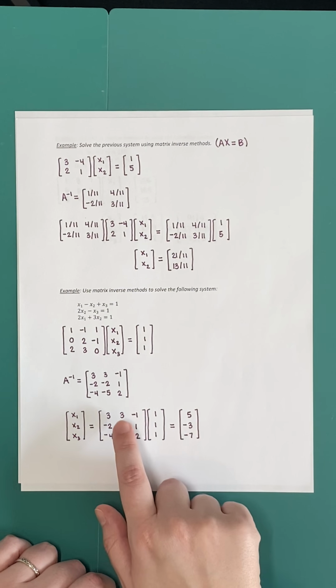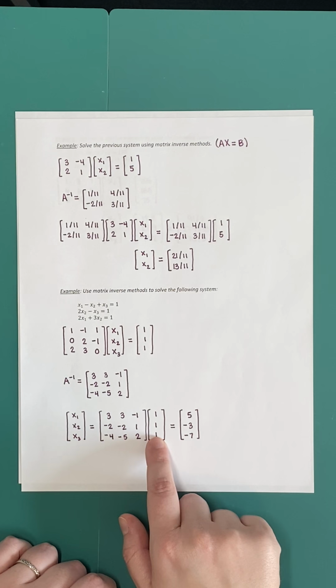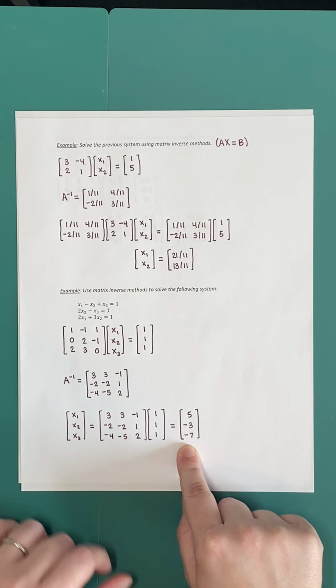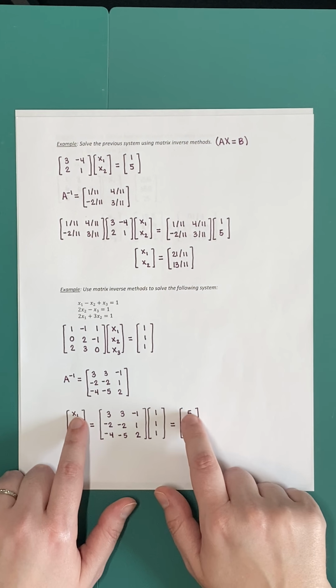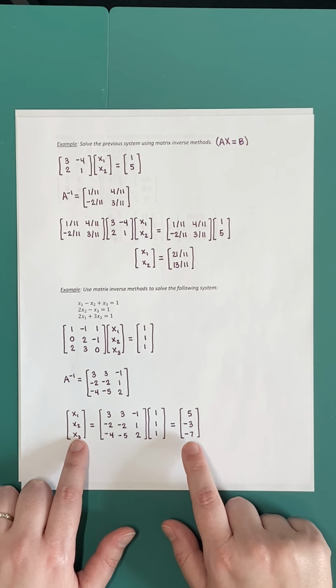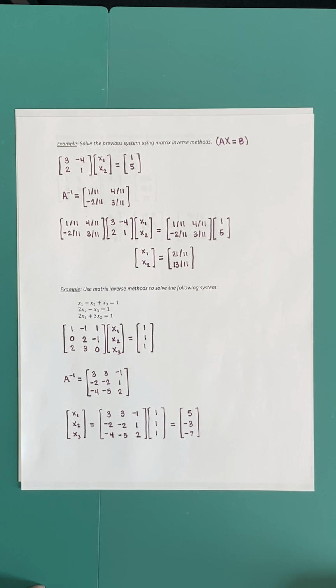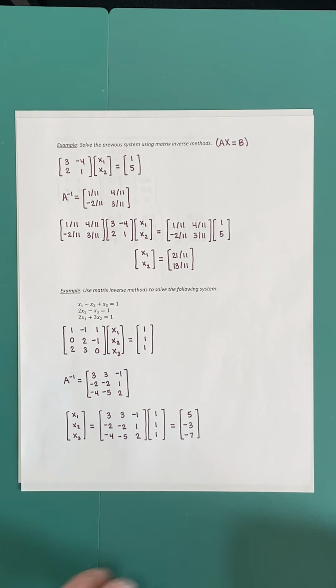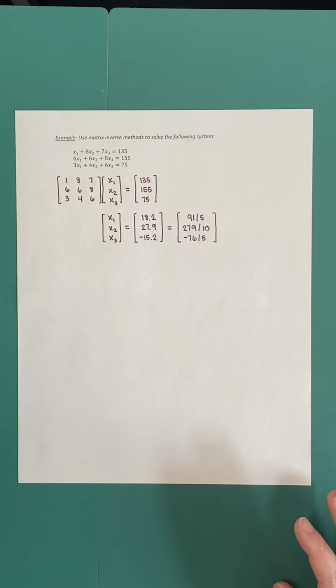That's our result. And then those 3 multiplication and addition operations give us the actual values. So that means x1 is going to be 5, x2 is going to be negative 3, and x3 is going to be negative 7. Okay, let's look at one final example.